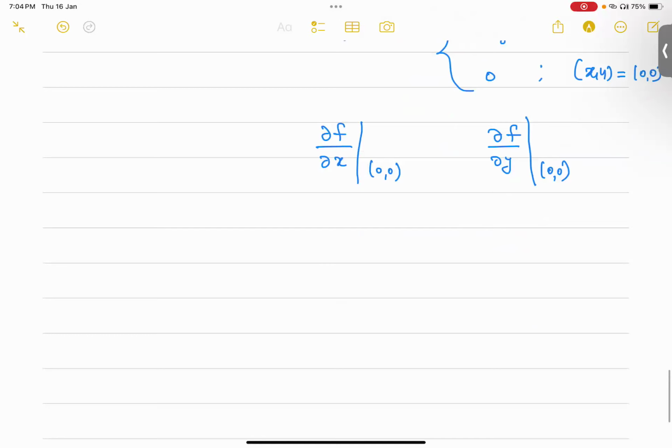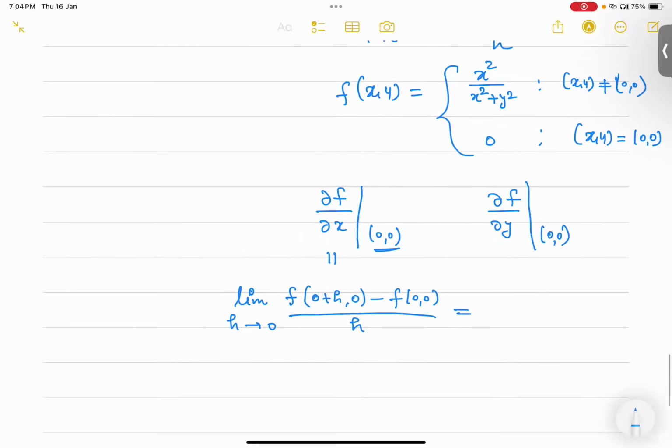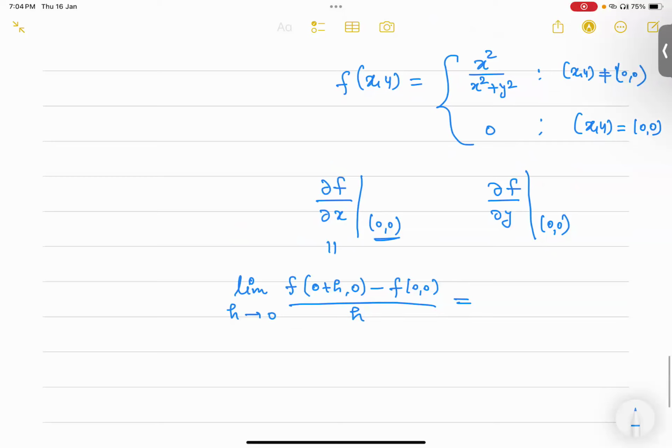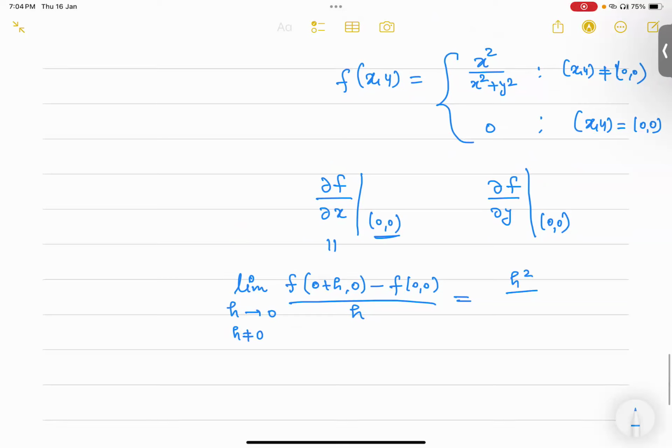Okay. So this will be limit h tends to 0 of f, we are calculating at (0, 0). So this will be 0 plus h, y fixed, minus f(0, 0) upon h. If you plug this point (h, 0) in the function, taking h not equal to 0 of course, this will be h square upon h square, and y is 0, minus 0 upon h, limit h tends to 0.